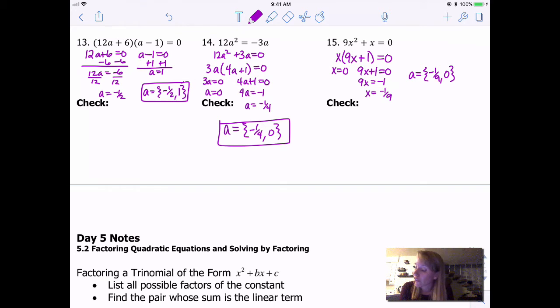Okay, take a look at your 13, 14, and 15. If you need another second, totally pause the video and finish up.